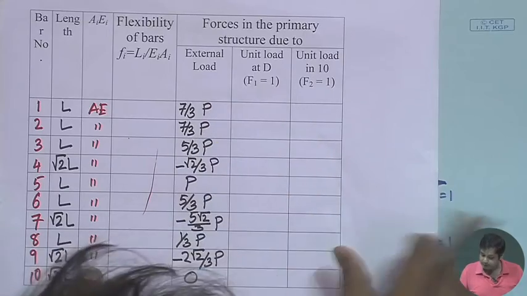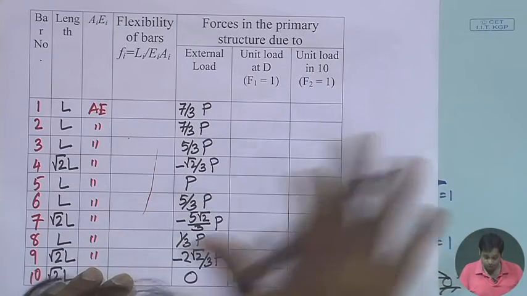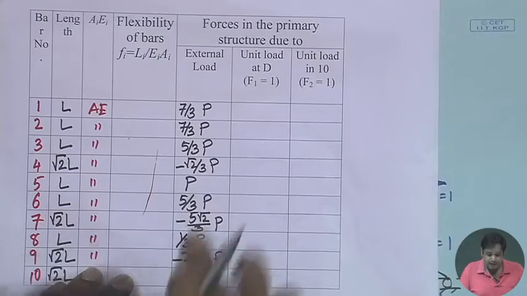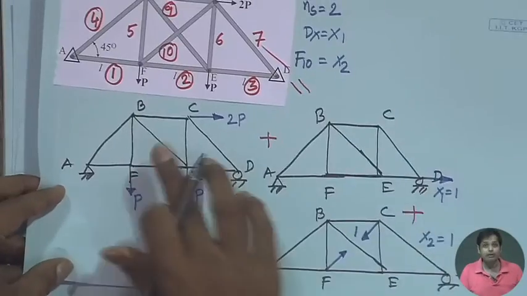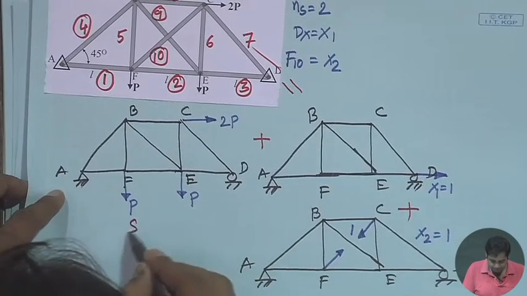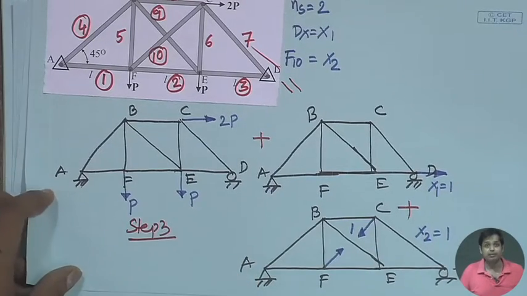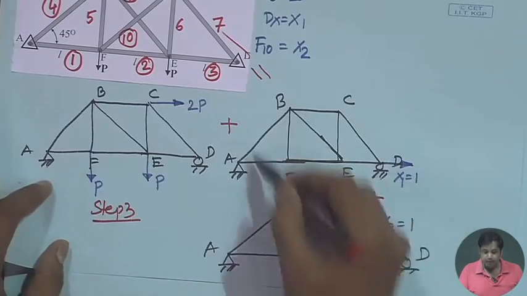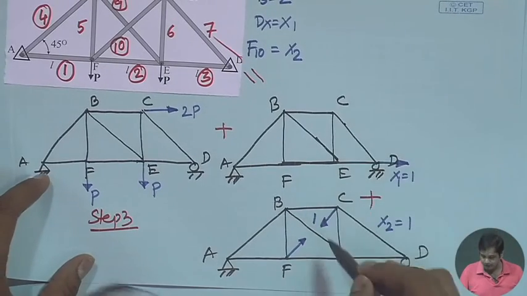What is important is to understand the concept. So these are the forces due to external load for this case. So this is our step 3. Okay. Now, step 4 is to find out the forces in this structure and this structure.